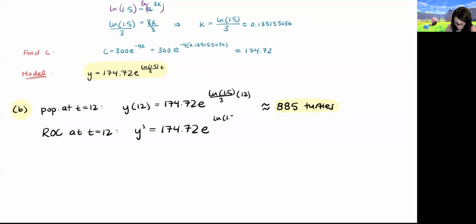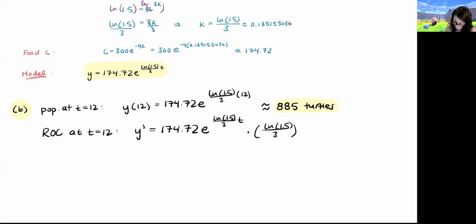So we're just going to get itself out. But then we're going to multiply this by the derivative of the exponent. Now remember that this whole thing here times the t is basically this number times t. So when we find the derivative of the exponent, it's just going to be that number, the natural log of 1.5 over 3. Okay, so this all is going to get multiplied by the natural log of 1.5 over 3.